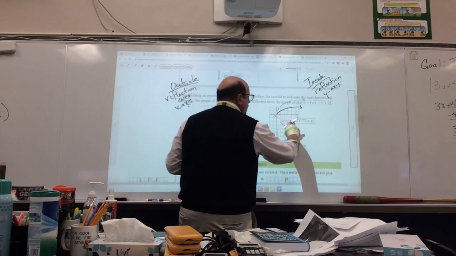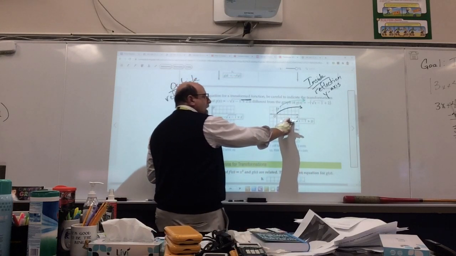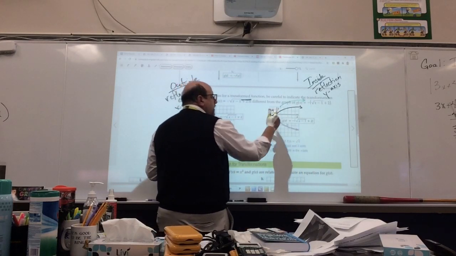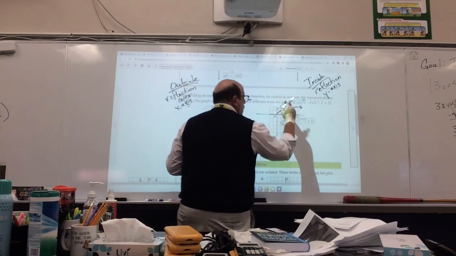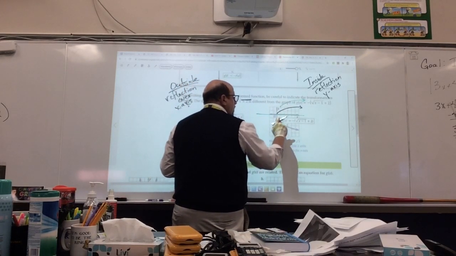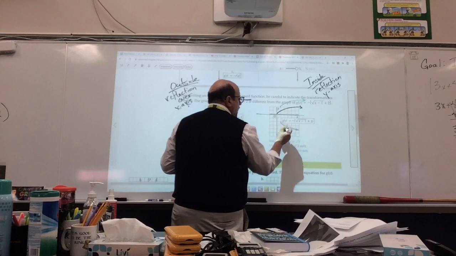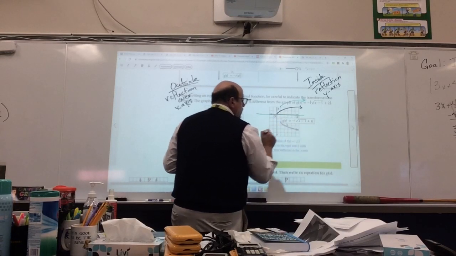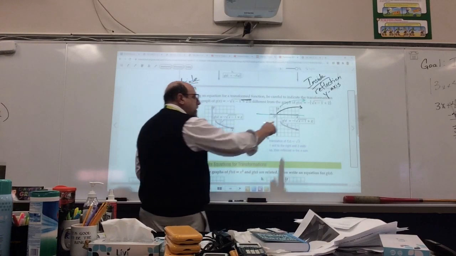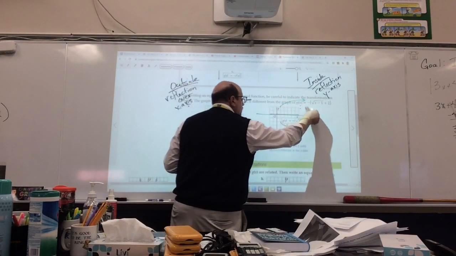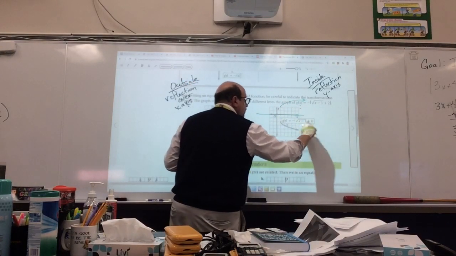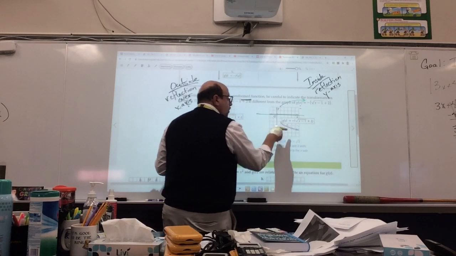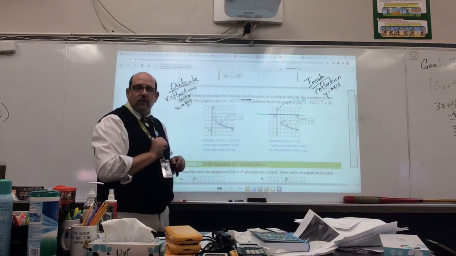Well, then I have a negative outside of the parentheses, and okay, so if I'm 2 spaces up, I go 2 spaces down, and I recreate my inverted function because I've reflected this function, I've reflected it over the x-axis. Okay?